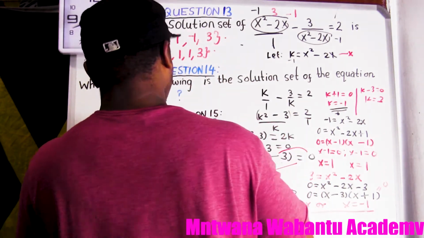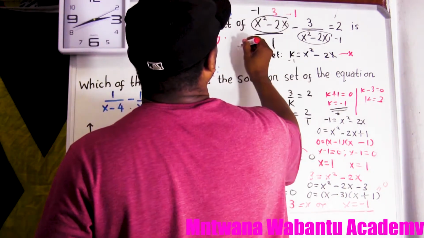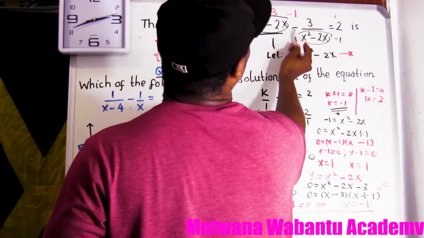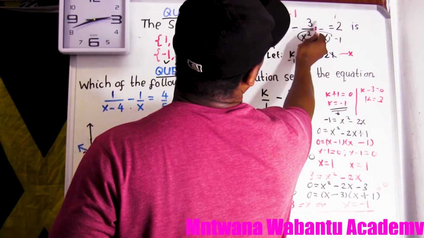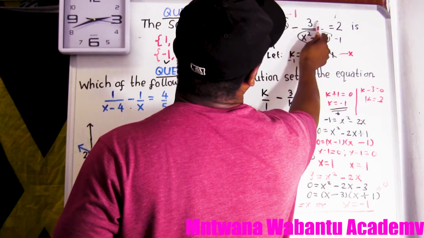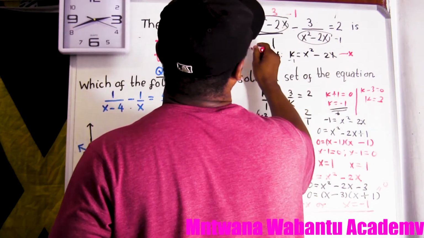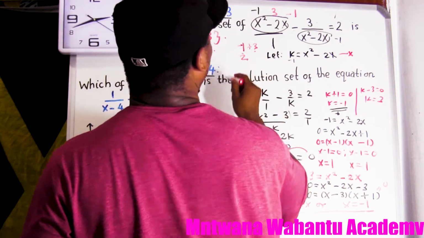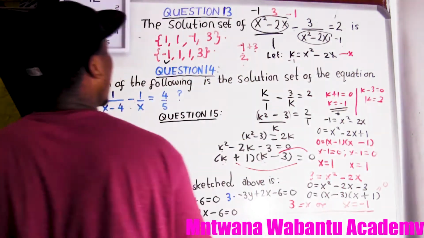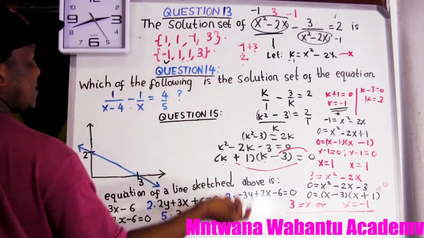Negative 1 over 1 equal to negative 1, and then minus 3 divided by negative 1 equal to positive 3. So this gives you 2. Yes, 2 equal to 2 is true. So both are the same thing, so it's true.